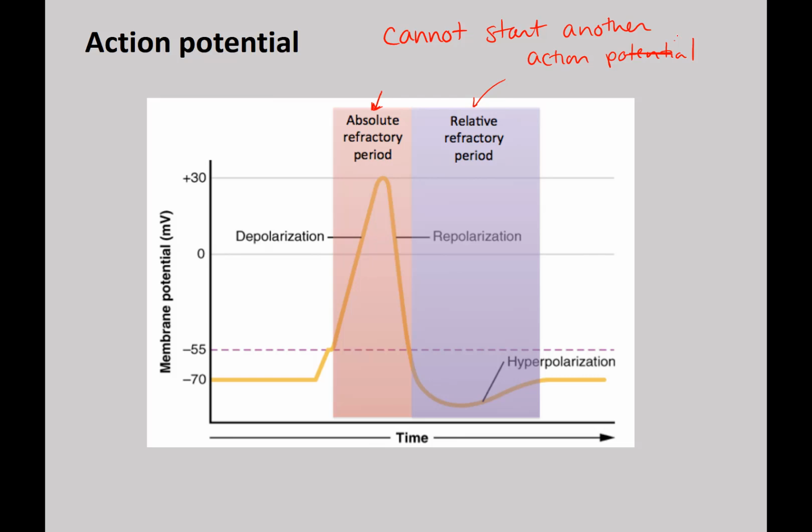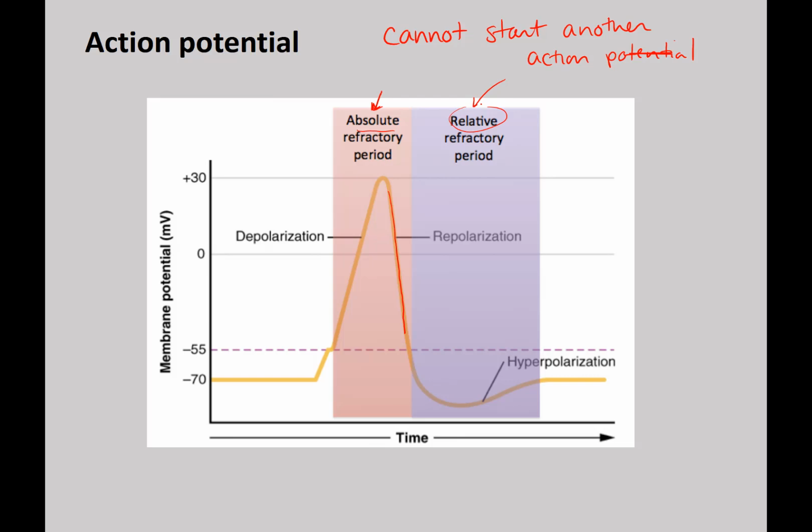Okay, so even if the cell got a signal right there on the membrane, right here, especially right here, the sodium channels are inactivated. So you absolutely cannot start another action potential.